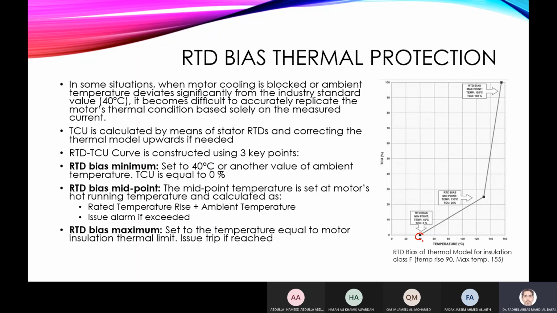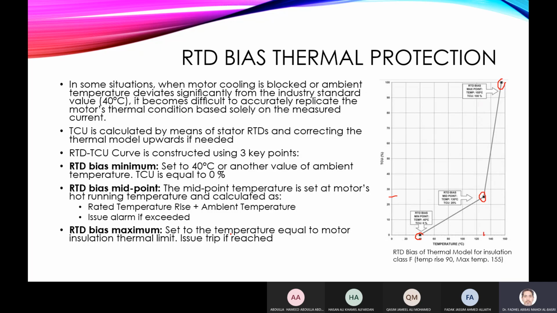Now, if the temperature is 40 degrees, which is the normal ambient temperature, normally the insulation ambient temperature is 40 degrees, so there are no heating effects. When the temperature, let's say, is at 130 degrees, you will reach 25% of the thermal limit. When the temperature reaches, let's say, 155 degrees, we are talking about one of the classes.